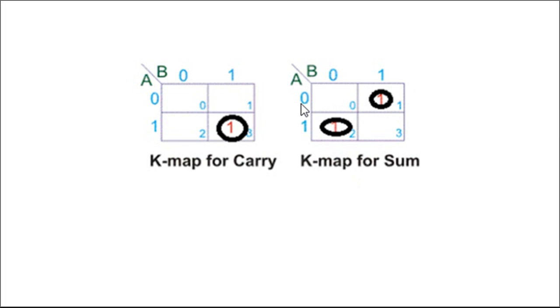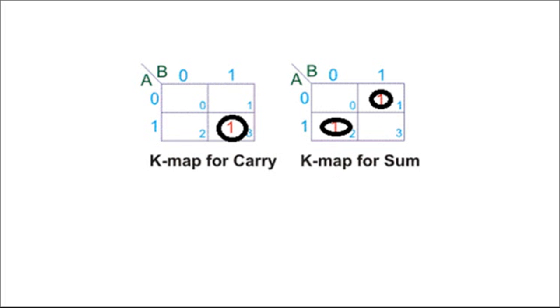So sum is equal to what? Here it is 0 and 1, meaning A bar into B, plus here it is 1 and 0, so A into B bar. I repeat again: A bar into B plus A into B bar.